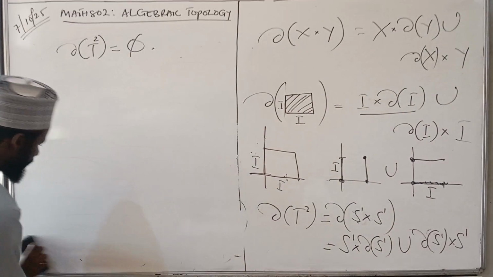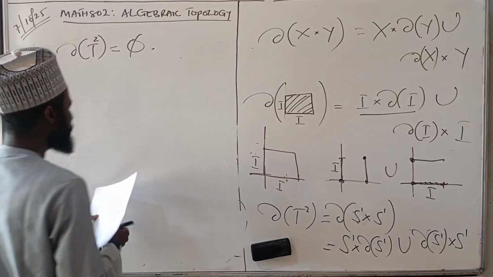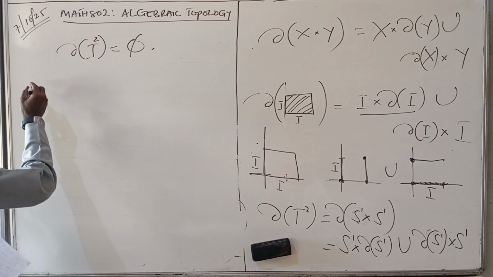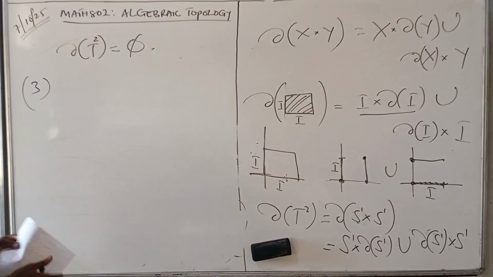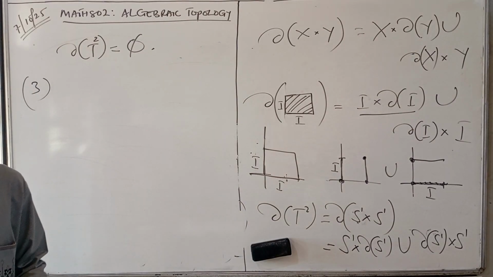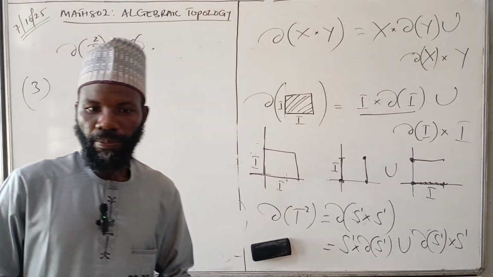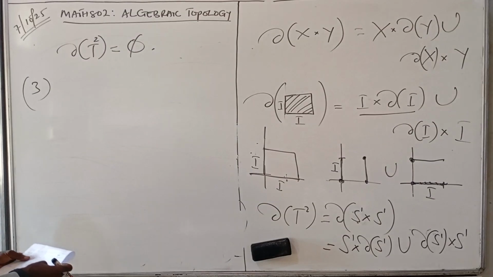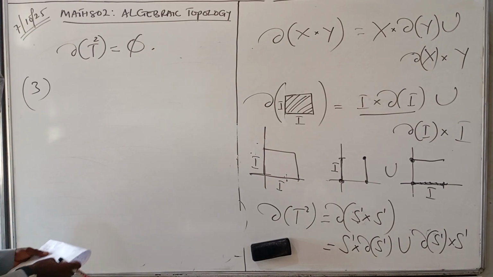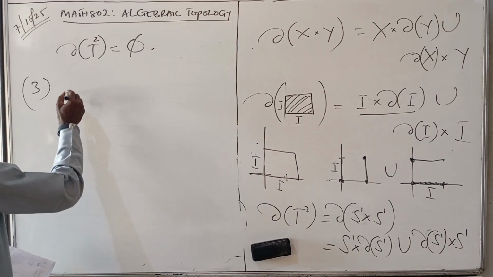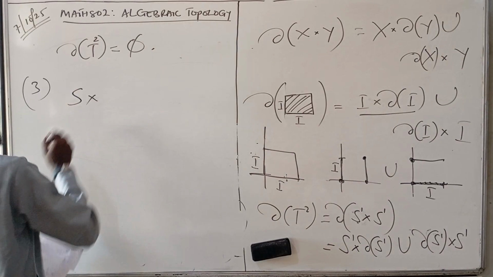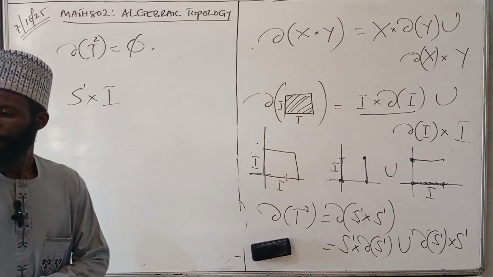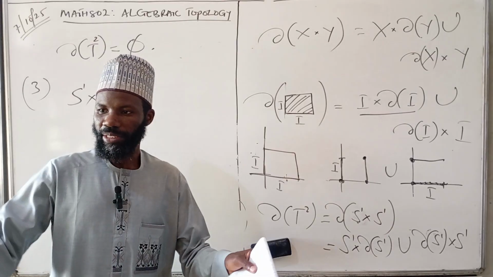Okay. So there is another new space we can construct out of existing ones. My example 3. This should be the third example. All right. You can take a cycle and take the product with the interval 0, 1.